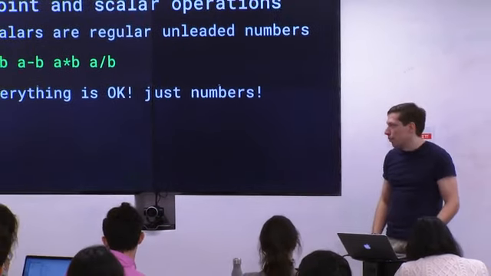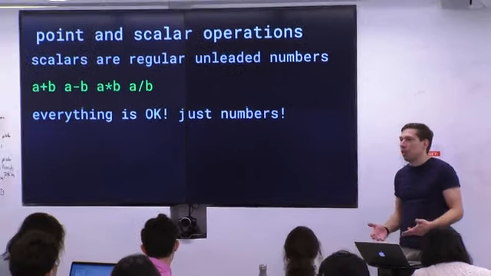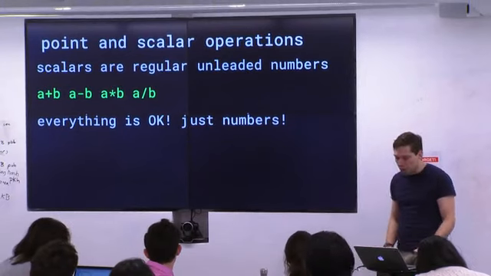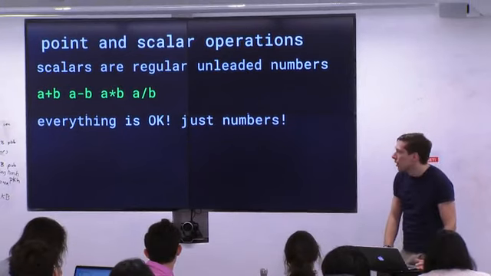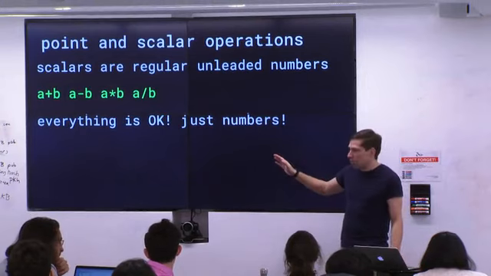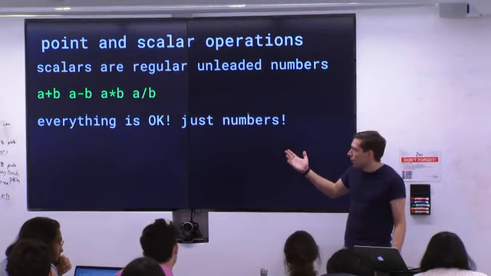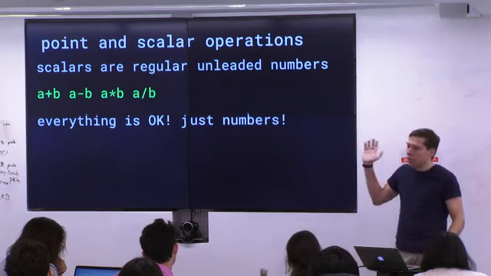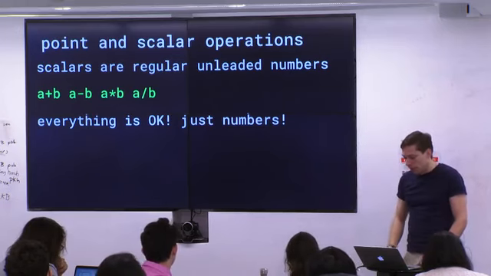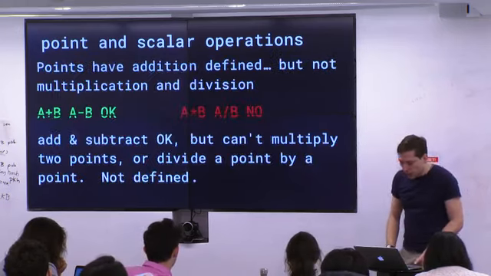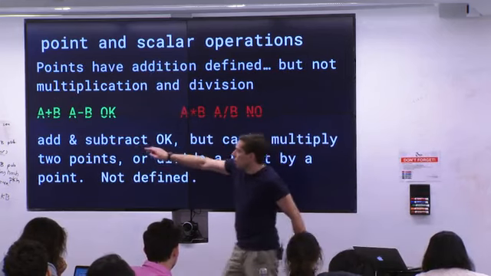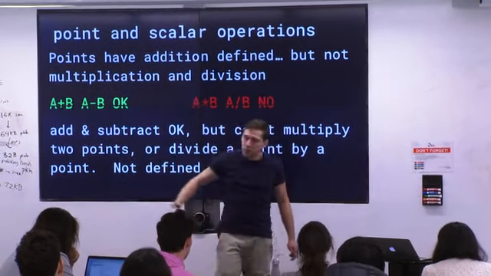So a lot of times in cryptography, you use integers instead of floating point or rational numbers. Okay, so with scalars, these are just regular integers, natural numbers even. You can do all the operations you're familiar with. That's fairly straightforward.